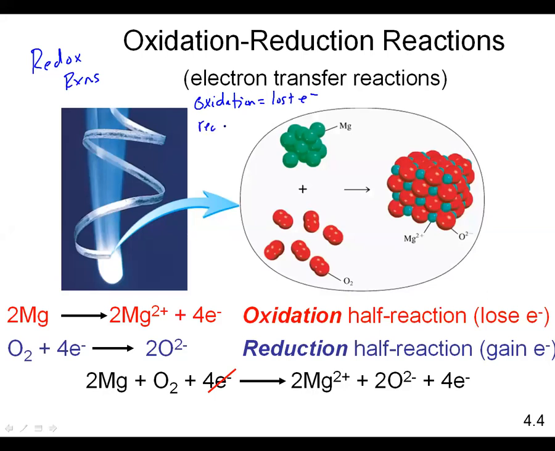Reduction means that you have gained electrons. Those are two definitions of them. Sometimes people remember this by Leo the lion goes grr. Loss of electrons, oxidation. Gaining of electrons, reduction.